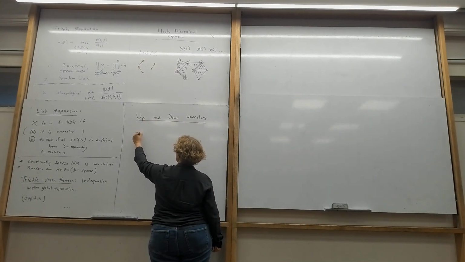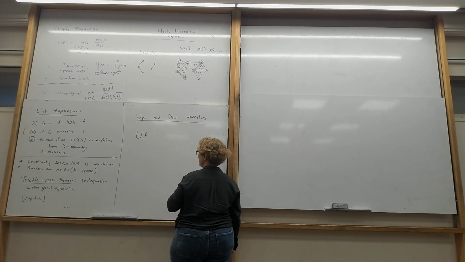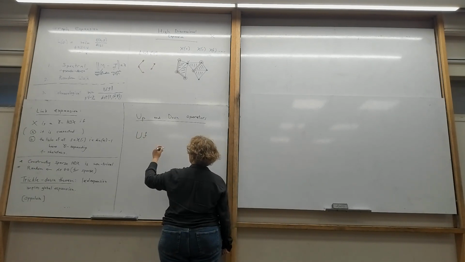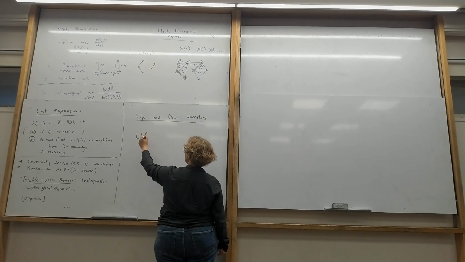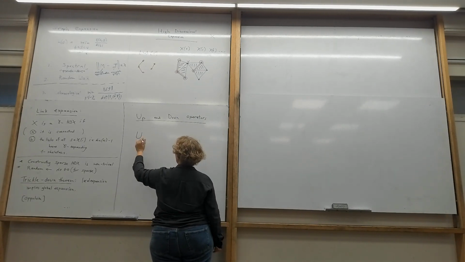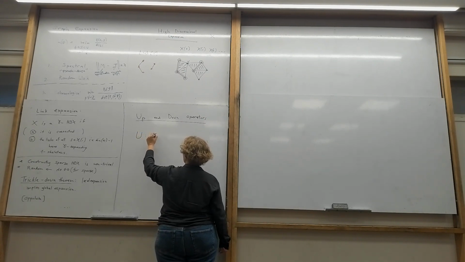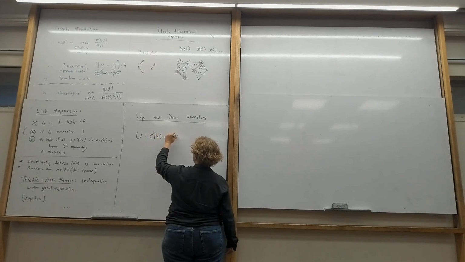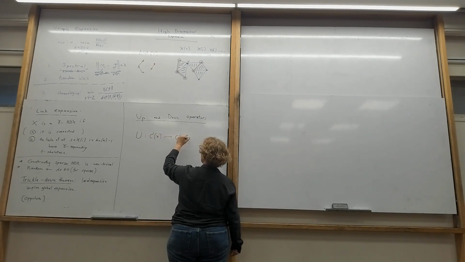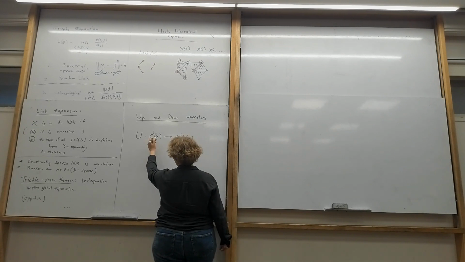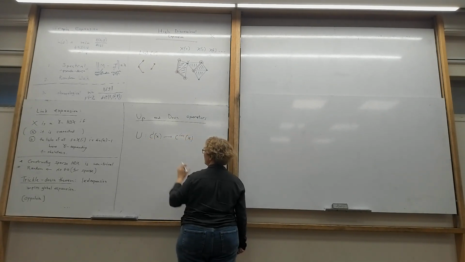You take a function on the i faces, and the up operator moves it to a function on the i plus 1 faces. So let me say that up takes me from C_i of x to C_{i+1} of x. This is just a notation for functions on the i-dimensional faces of x.